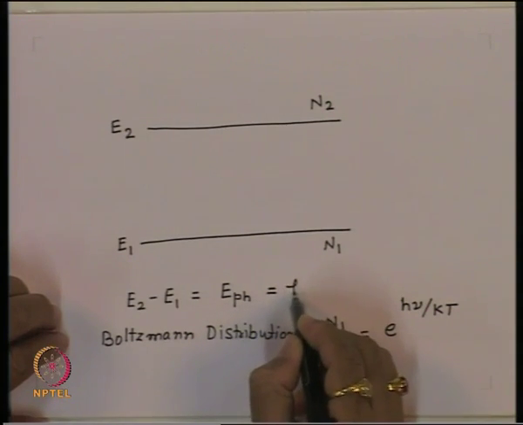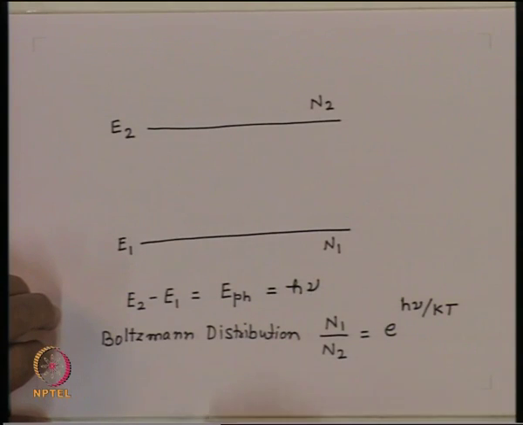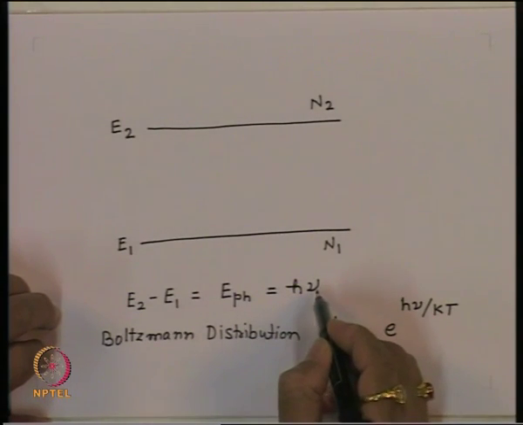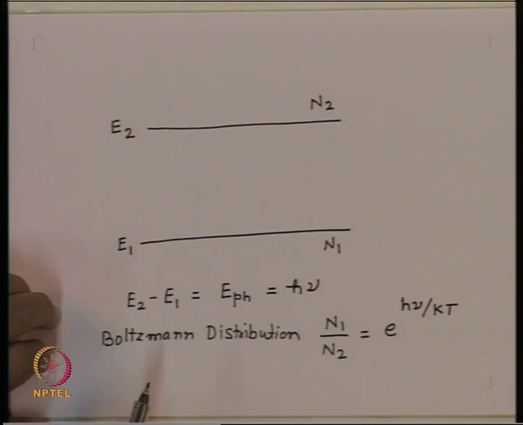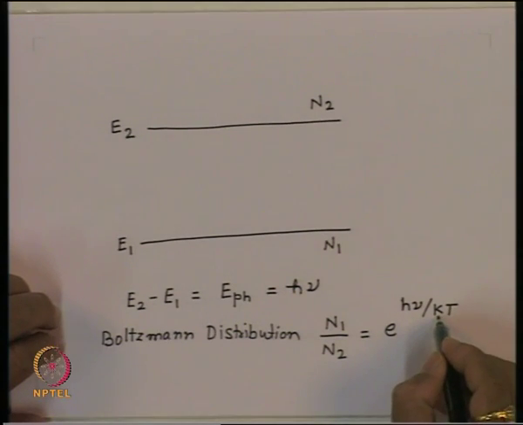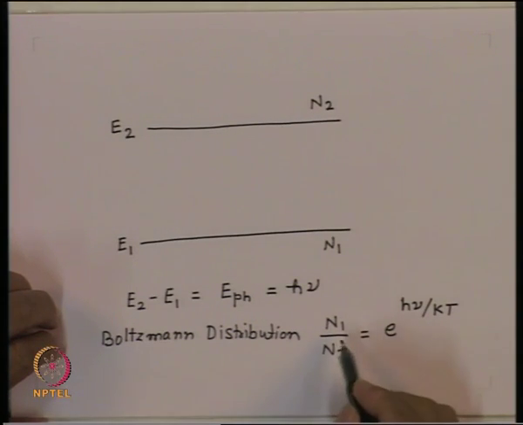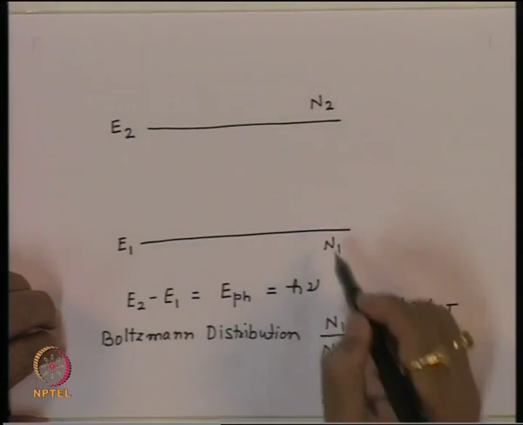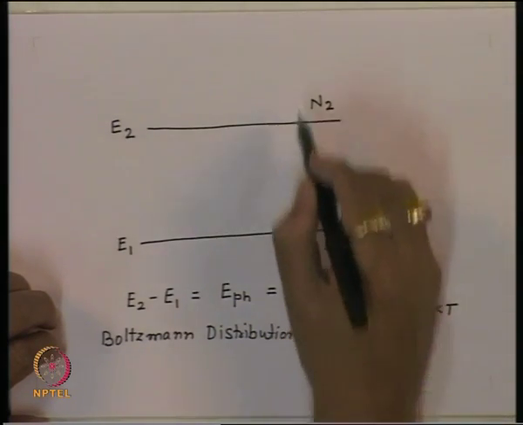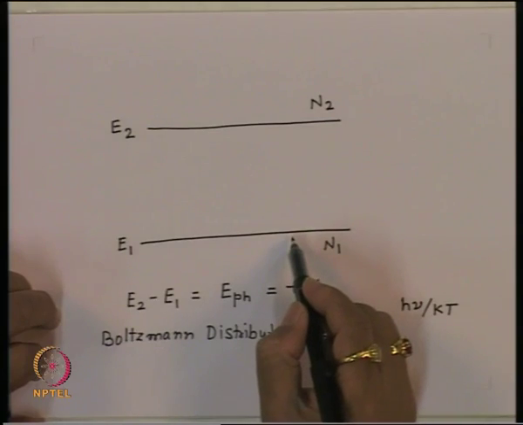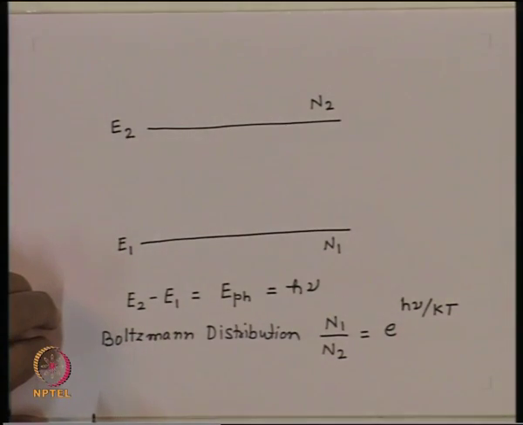This quantity is h into nu, where h is the Planck's constant and nu is the frequency of the photon. k is the Boltzmann constant and T is the absolute temperature. So firstly, what we note here is that the density exponentially decreases as we go to the higher energy levels. But N2 upon N1 will be e to the power minus h nu by kT.